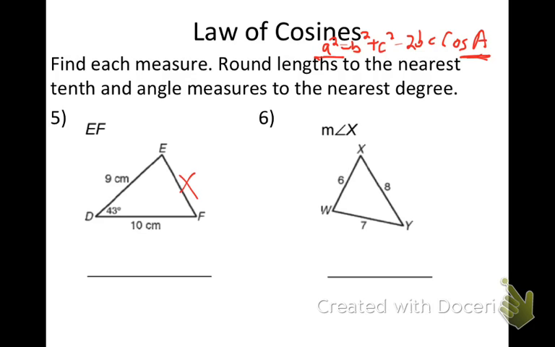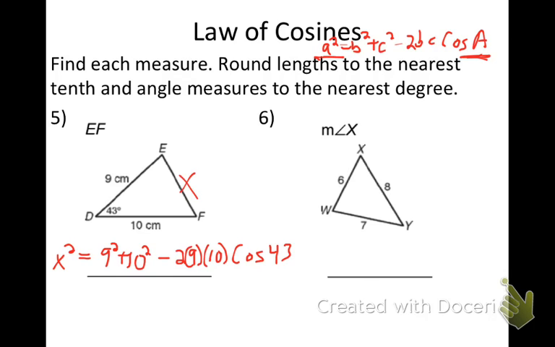So the angle and the side that you're trying to find have to be opposite of each other. I'm trying to find X here, or EF. So that means I'm going to have X squared equals 9 squared plus 10 squared minus 2 times 9 times 10 times the cosine of 43.